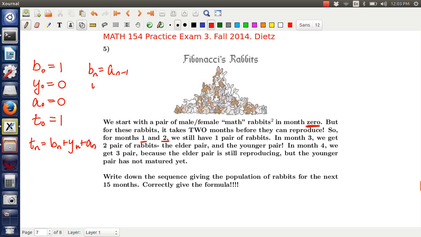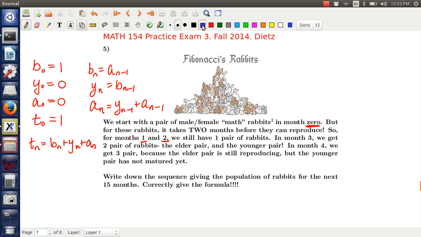The youth of any given month is the babies of the previous month, and the adults of any given month are the youth of the previous month plus also the adults of the previous month. Okay, maybe you didn't get that all right away, but if you write the grid and fill in the information I've given you, then it should be fine.